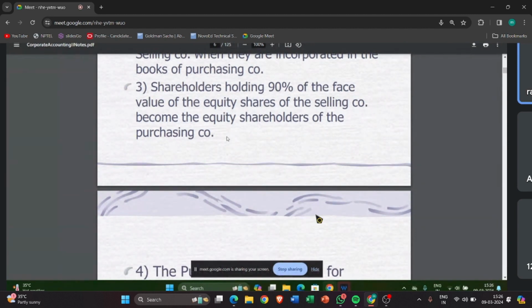If 60% or 70% or 50% of shareholders agree to it, then it is not a merger, but it will be considered a purchase itself, wherein only those shareholders who agree to joining the new company will join, and the others will withdraw their capital. So they have to be paid off their shares because they do not agree to the takeover. So if 90% agree, then it is a merger. If not, no.